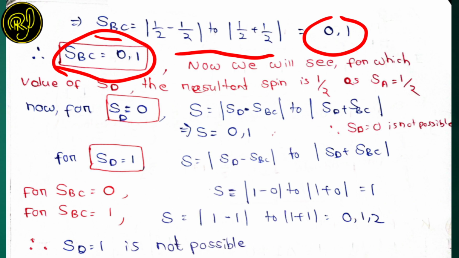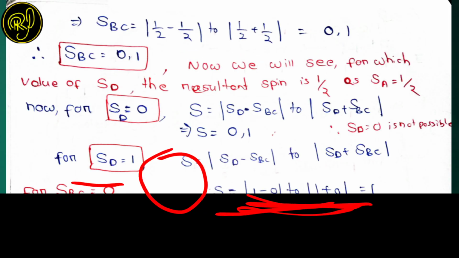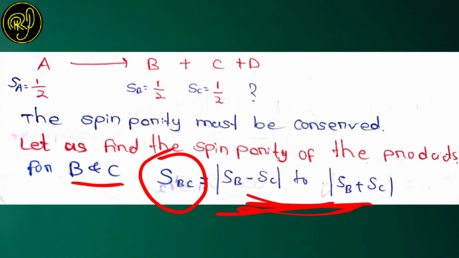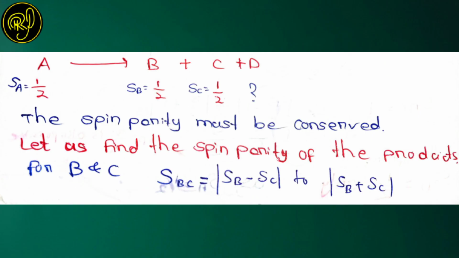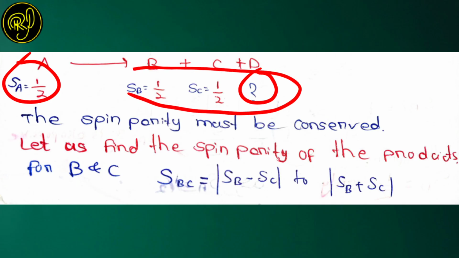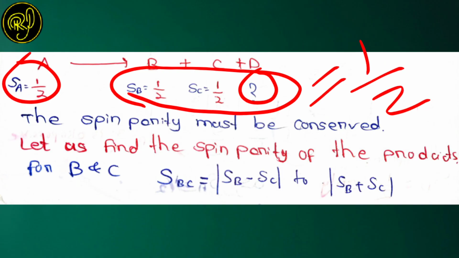Now we will see for which value of SD the resultant spin is half, because you know that from the LHS, the spin of A is half. So we will choose such a value of SD such that the resultant of SB, SC and SD will give you spin half.